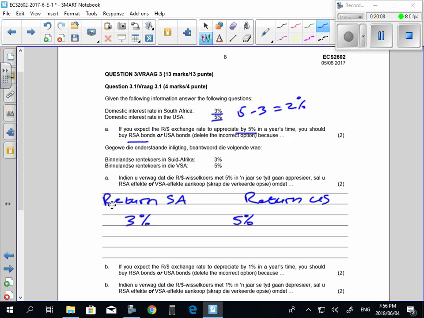But what they've told us is that the rand will appreciate by 5%. So when you convert your dollars back into rands, you are losing 5%. Therefore, you invest in South Africa.